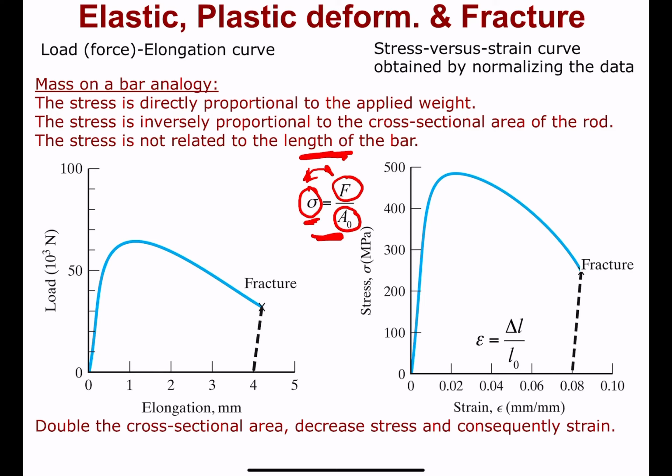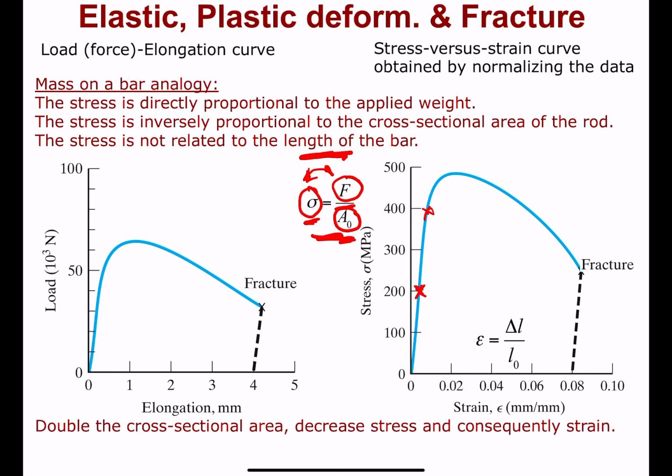Okay, so some other ideas here. What if you were to double the cross-sectional area of that bar? What would you expect to happen to the stress? So hopefully, from the earlier thought, if we double the area, that is increasing the denominator, we're decreasing the stress. Perhaps we were at a condition here when we had the original cross-sectional area of the bar. And if we now switch to a bar that is much wider, with a larger cross-sectional area, we know that the sigma will shift to a much smaller value.